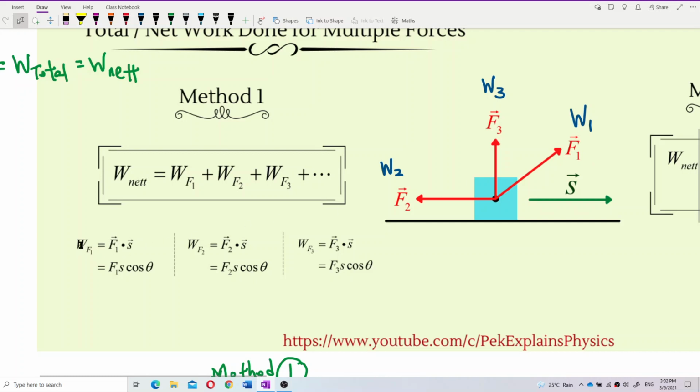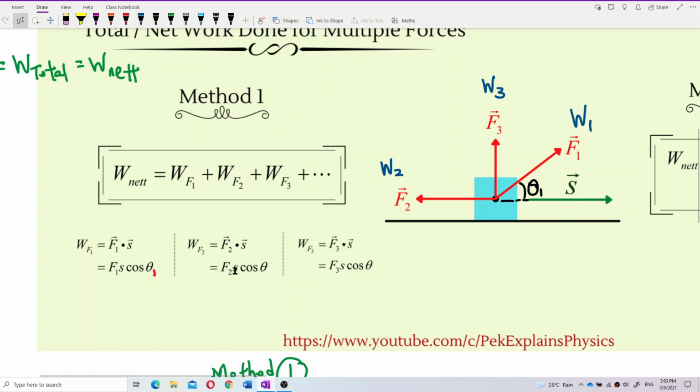For F1, we write the work done as WF1, which is F1 dot displacement, so F1 d cos theta. The theta is theta 1, which is between F1 and displacement.